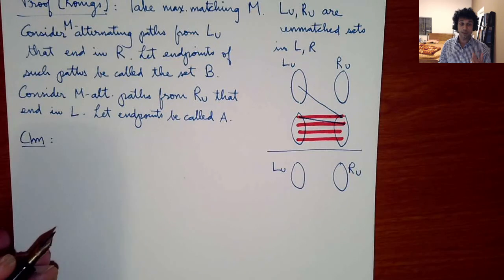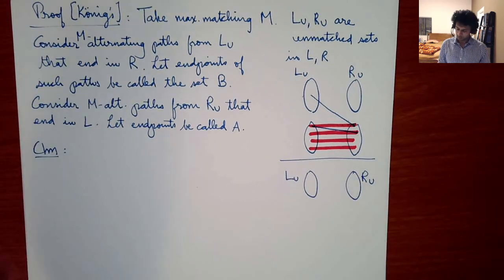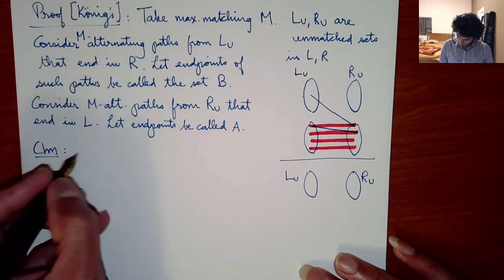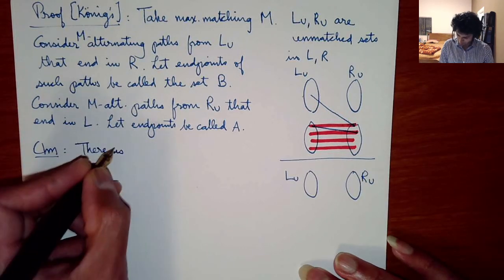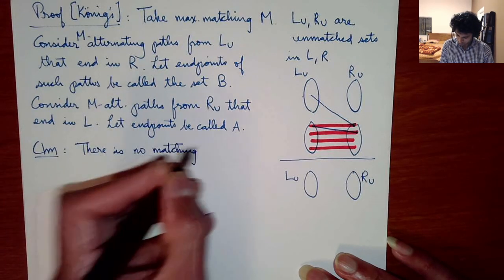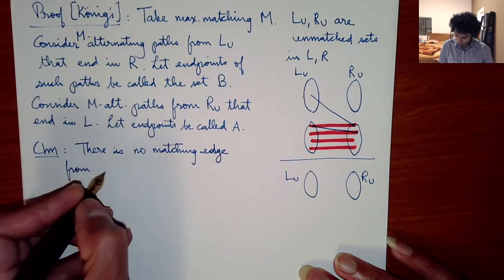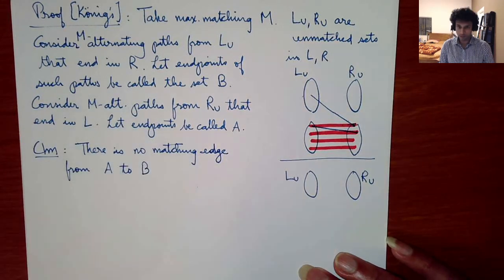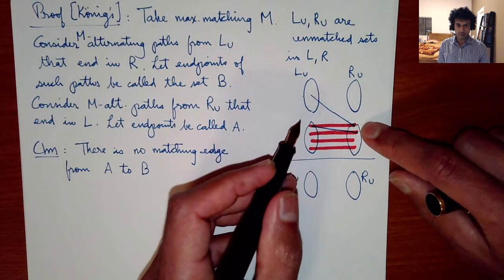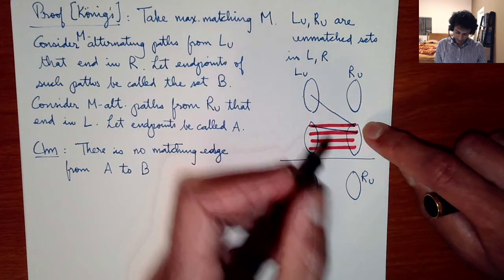This is one of the claims where we use alternating paths: there is no matching edge from A to B. Meaning, if you look at an alternating path that starts from LU, it ends up somewhere.